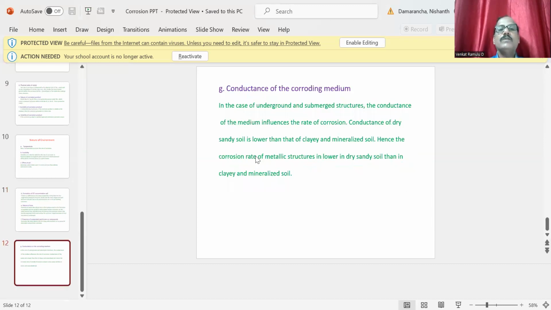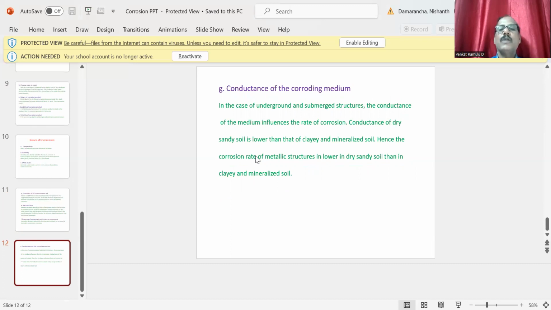And conductance of corroding medium. Whenever underground or submerged structures are there, they may undergo corrosion based on the nature of the soil. Conductance of dry, sandy soil will be lower than clayey and mineral soils.